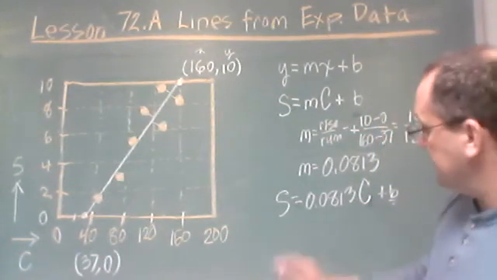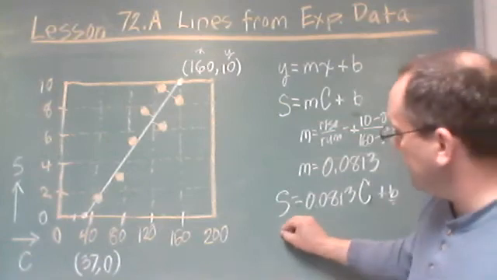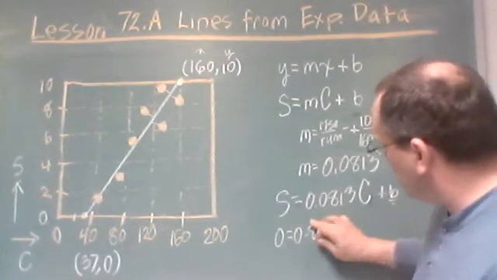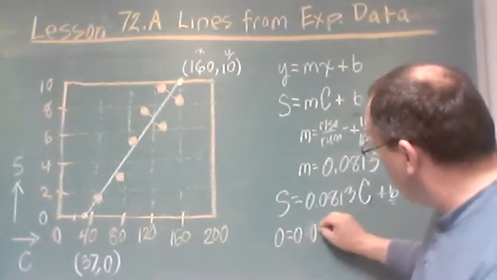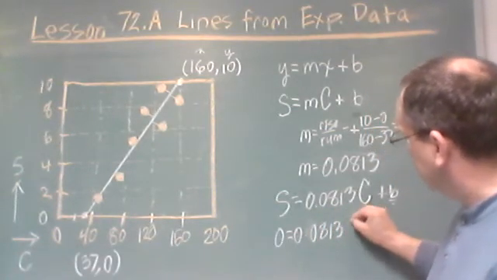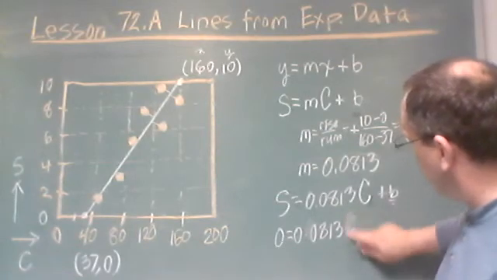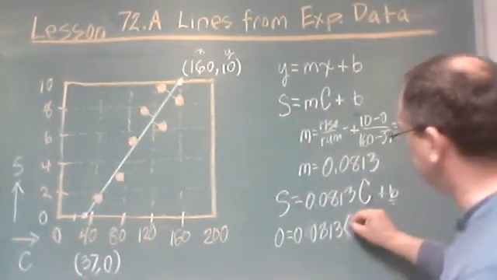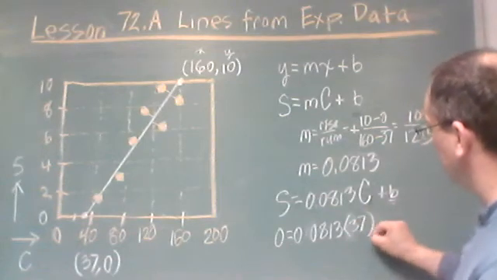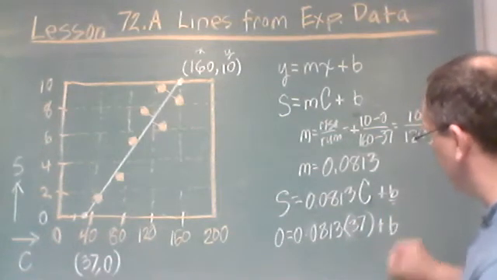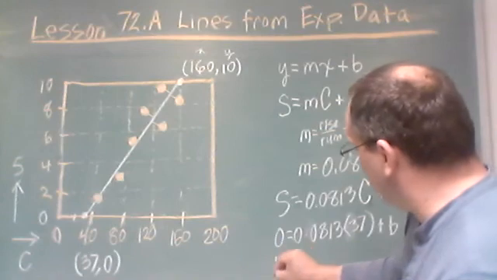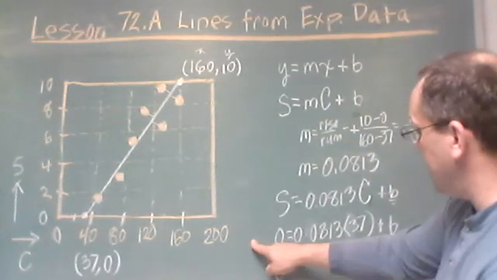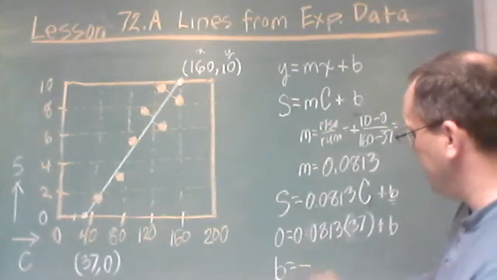In that case, what is 0? 0 corresponds to the S value, 0 equals 0.0813 times C. C now is not C, it is what? It is 37. Substitute in, plus B. Okay, so then B will equal, when I take this to the other side, it will become a negative.